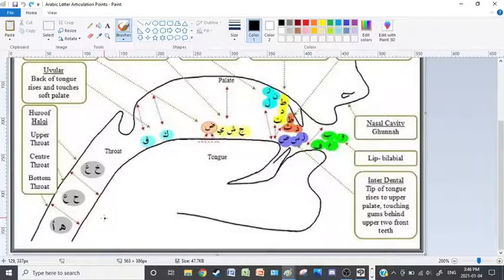Then other two difficult letters, ha, and as we said, same shape as jim and kha, and the letter ayn. Hopefully visualizing where the letter emanates from throughout the mouth would help with the pronunciation. If not, simply listening to the letter being pronounced either through my videos or someone else's videos.